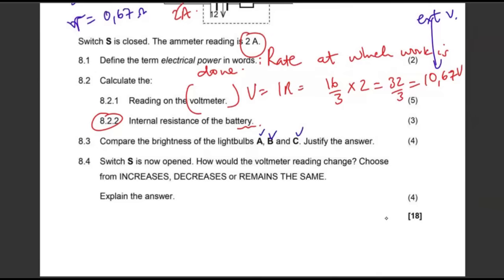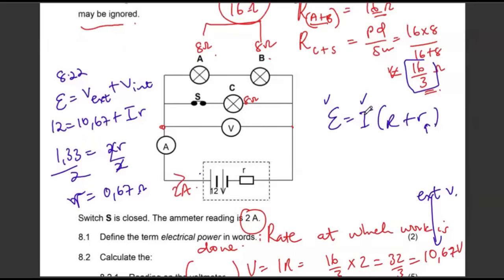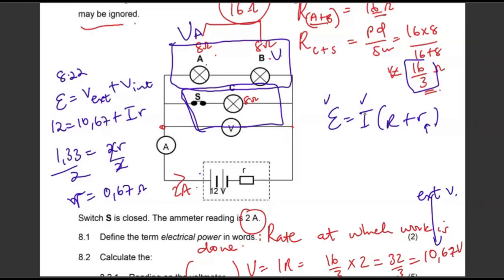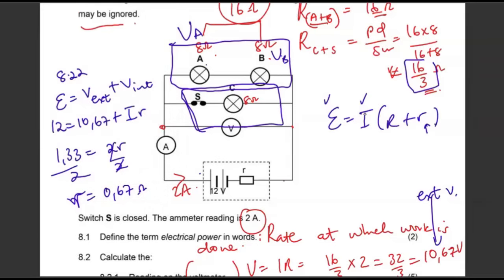Now, one thing you need to know is that the voltage across C is the same as the total voltage across A and B. But A is having a different voltage, B is having a different voltage, meaning that our V, the 10.67, is the same as the voltage across C, which is the same as VA plus VB.